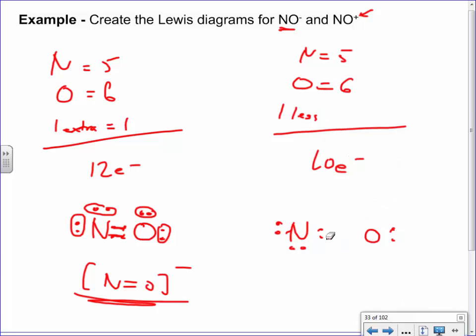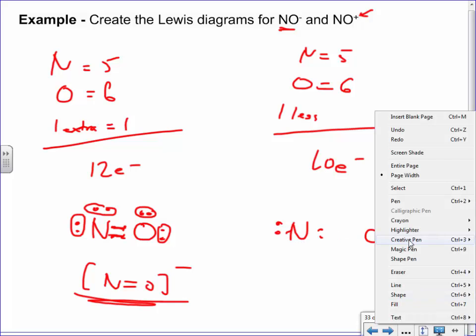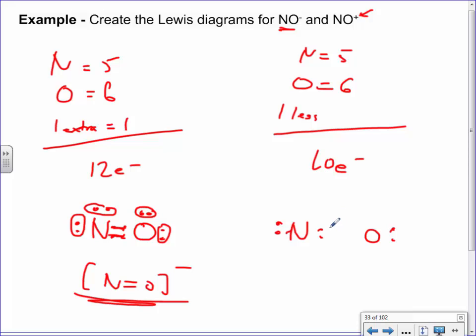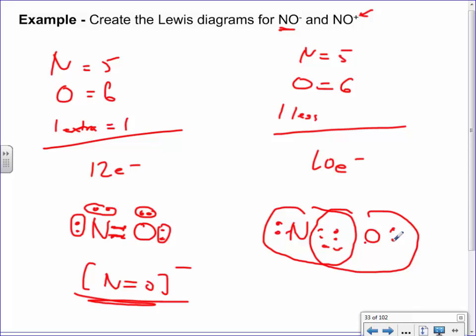Take these two right here and those two right here and say, why don't we shove them all in the middle? So I'm going to go with another one here, another one there, another one there. Now nitrogen has 1, 2, 3, 4, 5, 6, 7, 8 in its sphere of things. Oxygen has 1, 2, 3, 4, 5, 6, 7, 8 in its sphere of things. 6 of them are collectively in the middle.